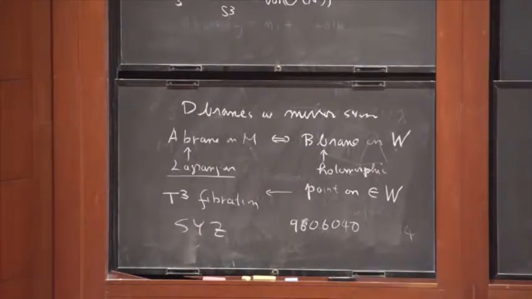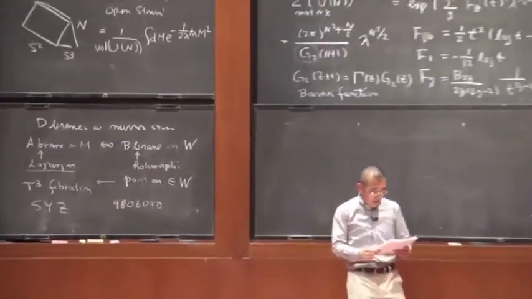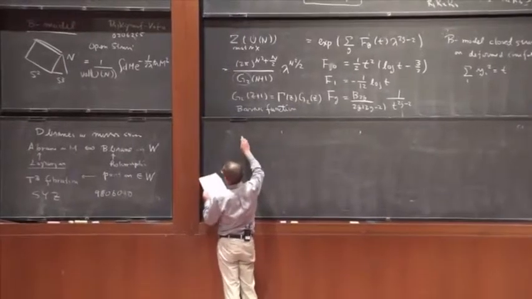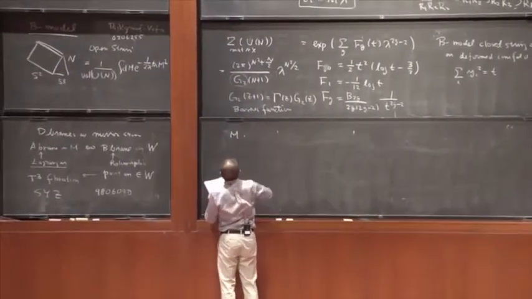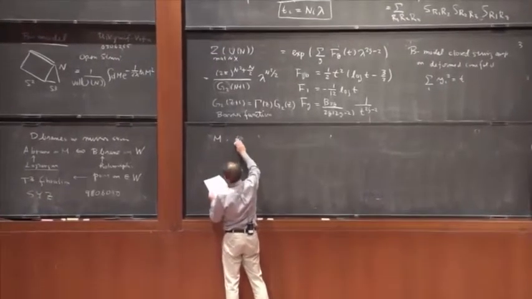Okay, so now, rather than proving this conjecture in generality, let me explain how it works in practice, how you can actually use this to derive the mirror partner. Let's consider our familiar Calabi-Yau manifold, which is the resolved conifold.